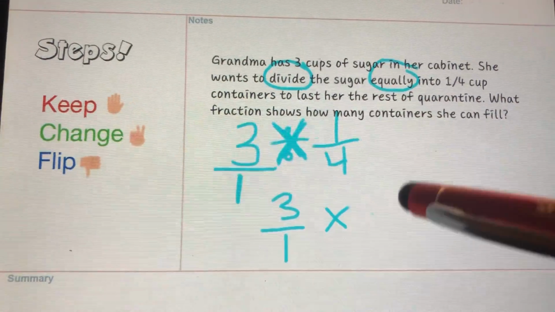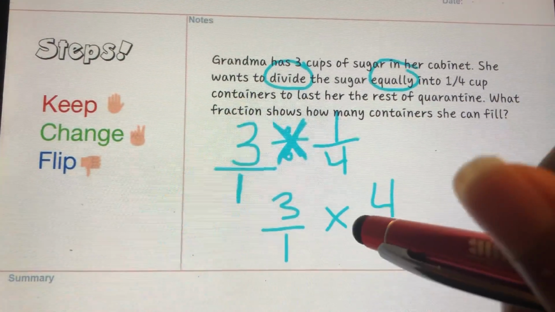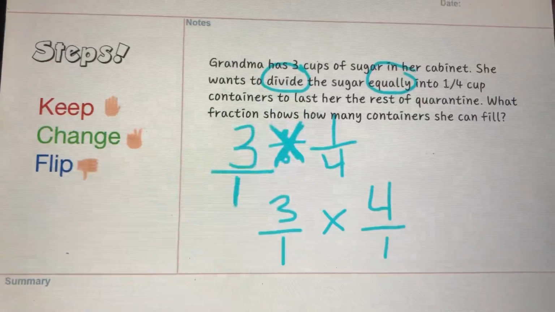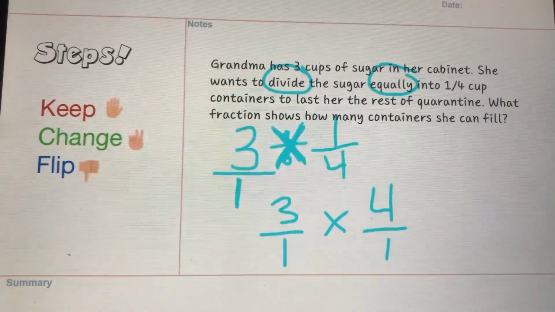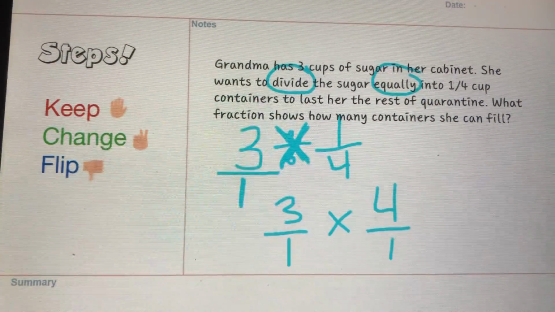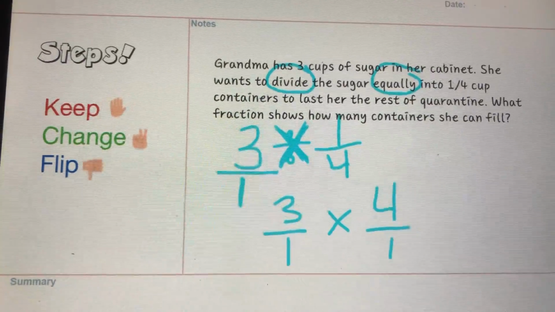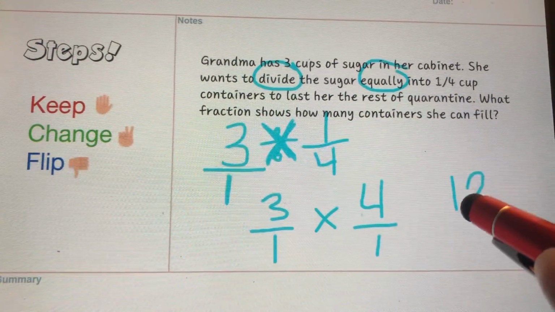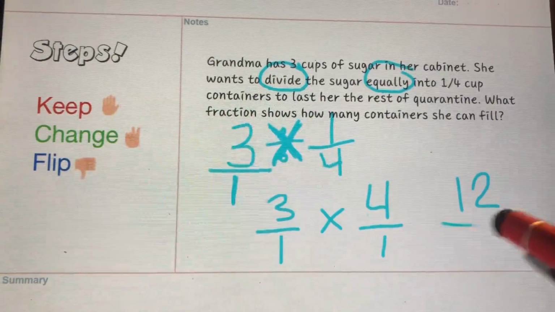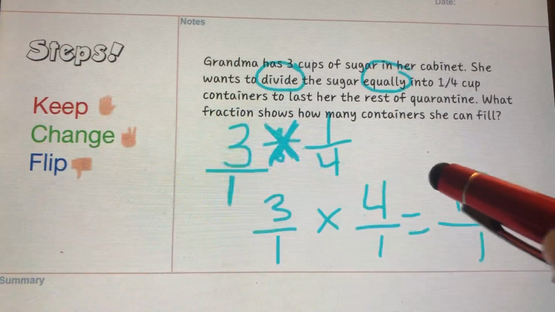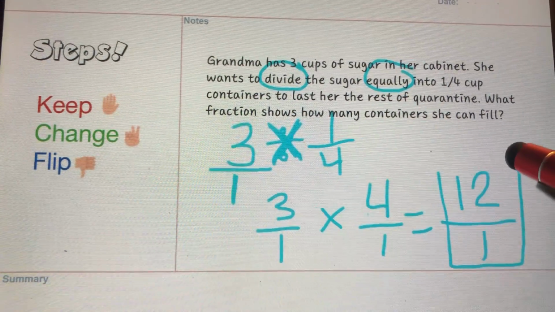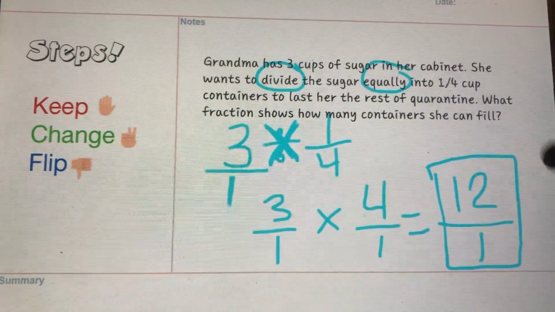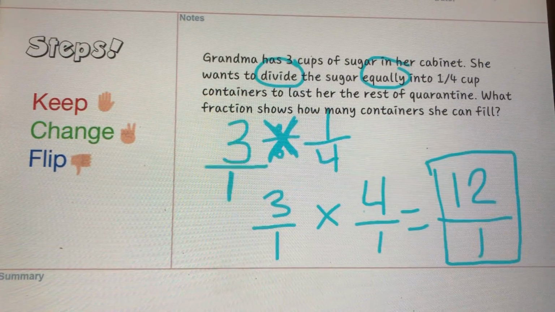And then flip, so we're going to have 4/1 as opposed to 1/4. Now all we have to do is multiply across. 3 times 4 is 12, and 1 times 1 is 1. So our fraction that represents how many containers she can fill is 12/1.